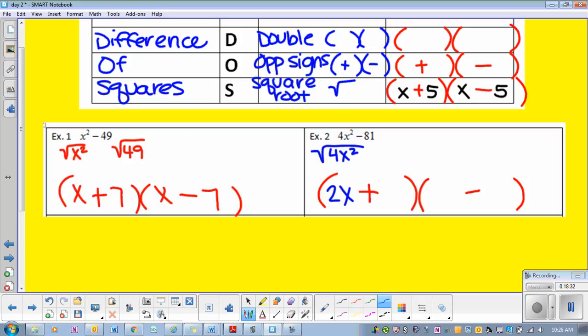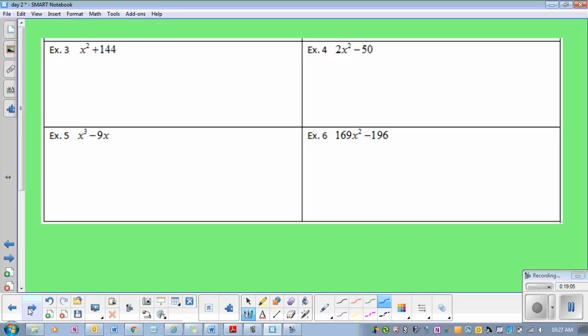Does that make sense? And you need to square root the number. The square root of 4x squared is 2x. Yeah? What's the square root of 81? My second term. 9. Okay, so then that goes in the second term. Alright? Questions about that?